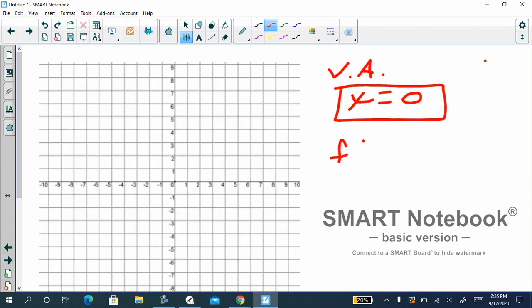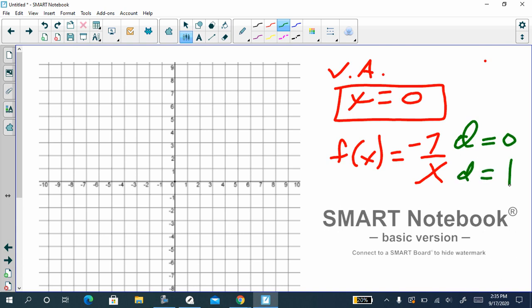If our function is -7 over x, the degree on top is 0. Remember, the degree is the largest power of x. On bottom we have x to the first. On top, we have no x's, so the degree on top is 0.